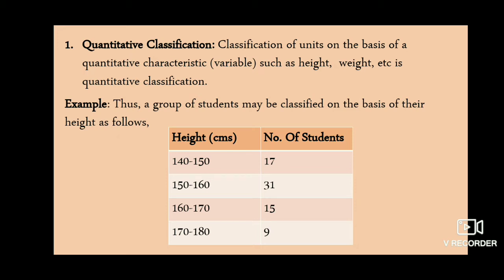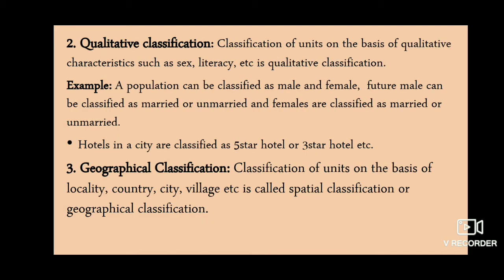For example, a group of students may be classified on the basis of their heights as follows. We can see in one table the heights in centimeters have been given, and in the other table how many students there are. This helps us in easily understanding the data.